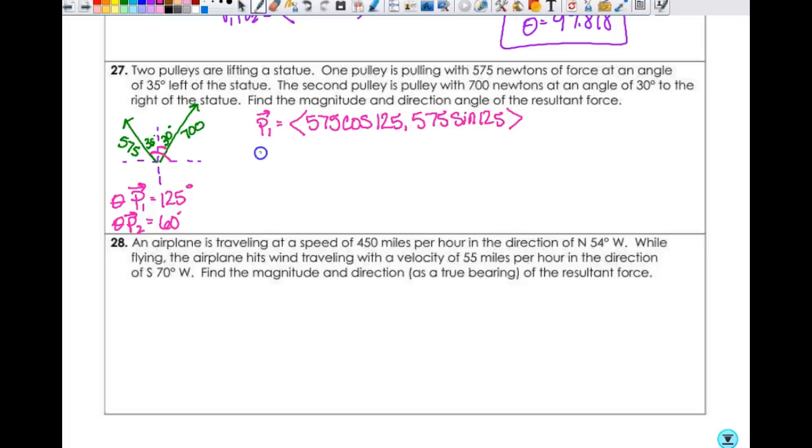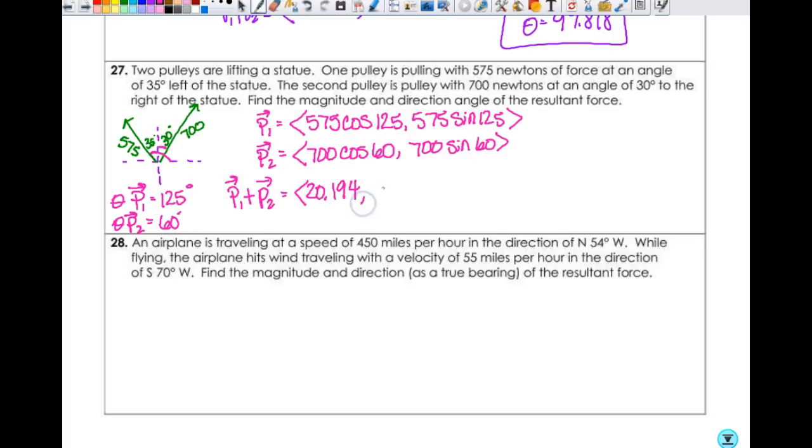Right. For pulley 2, that's going to be equal to 700 times the cosine of 60, and then 700 times the sine of 60. So then I add them together in my calculator. P1 plus P2. Remember to store these when you do this.